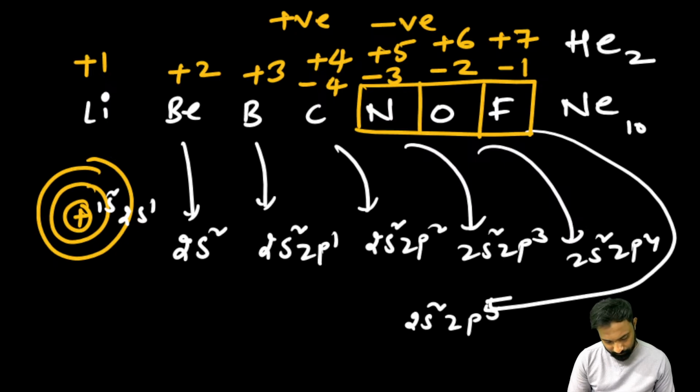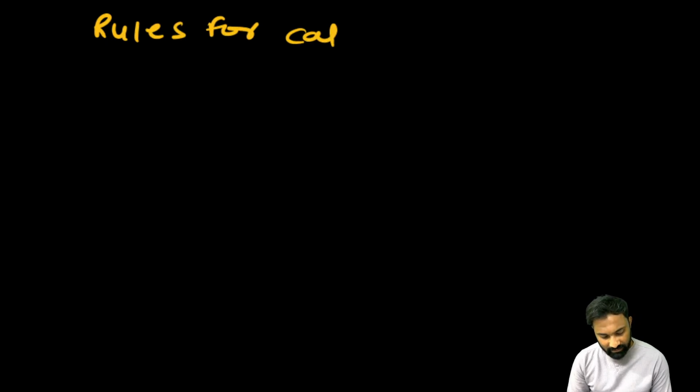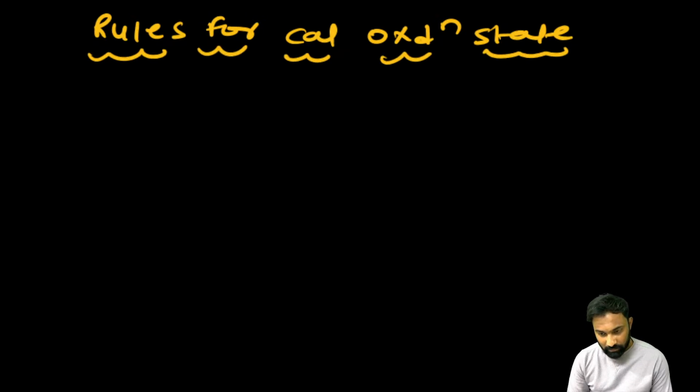Then after that, next point, rules for calculating oxidation state. First one, oxidation state of an atom in its elementary state.